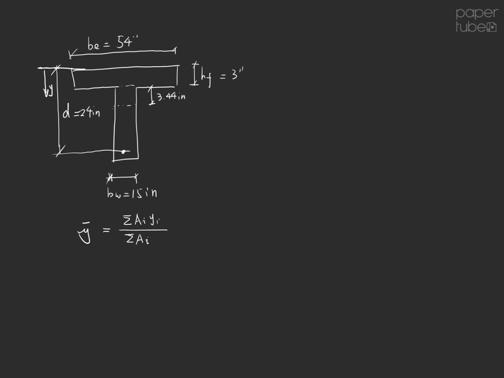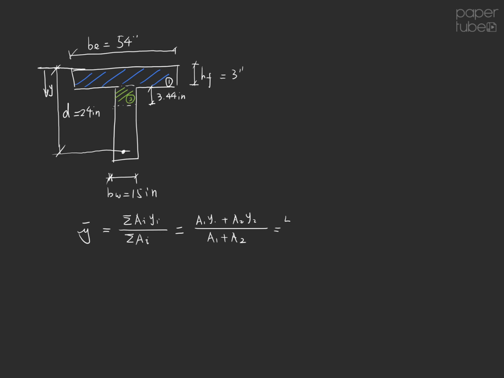I'm going to use the top as my area 1, so this blue shaded area is my area 1, and this green shaded area is my area 2. All right? That is A1 Y1 plus A2 Y2 divided by A1 plus A2. You have done this thousands of times. I'm sure you can do this centroid calculation.